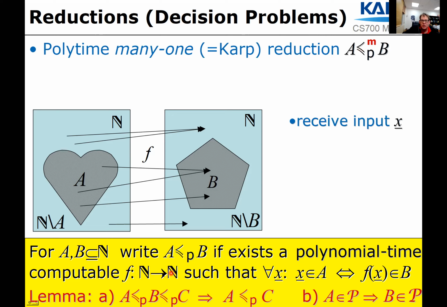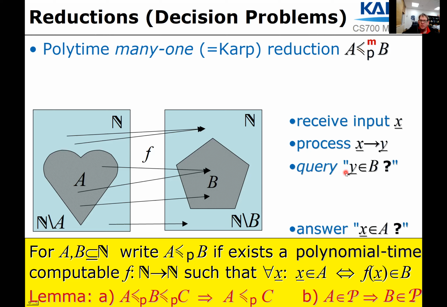That basically means the algorithm receives the input, or instance, for problem A, processes that according to the reduction, then queries whether the result of the reduction belongs to problem B using the hypothetical algorithm for that, and then uses that directly as the answer. That's the definition of many-one reduction: whether the transformed instance belongs to B must by very definition be the answer to the question whether the original instance belongs to A.